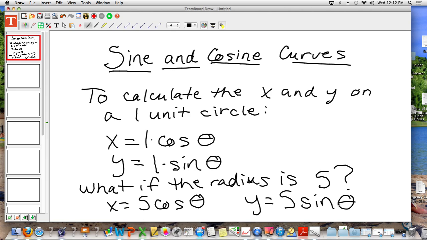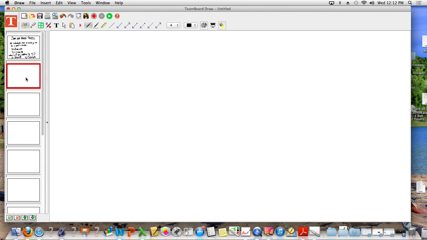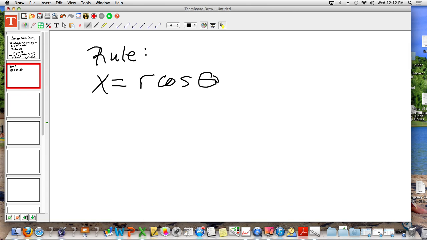So the generic rule for calculating the x value and the y value, the algebraic rule, is that if you want the x value, you always take r, the radius, times the cosine of theta, and to find the y value, you take r times the sine of theta.